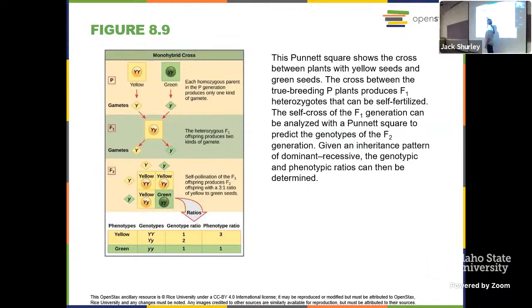And if we allow these guys to self-pollinate, like we talked about in the previous lecture, we've got the opportunity to see some of those green guys that were up above that were masked in this F1 generation. They show back up. So with that, as we do the Punnett square, we bring the gametes from the F1 onto the side or onto the top.